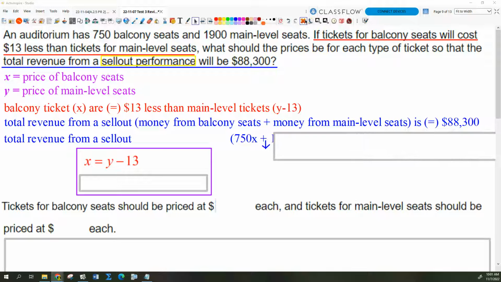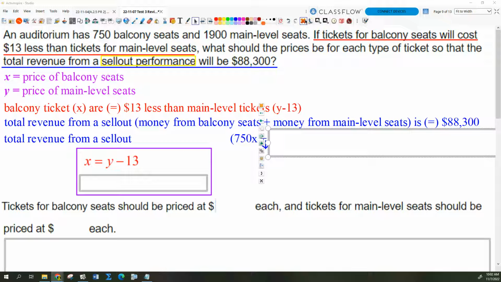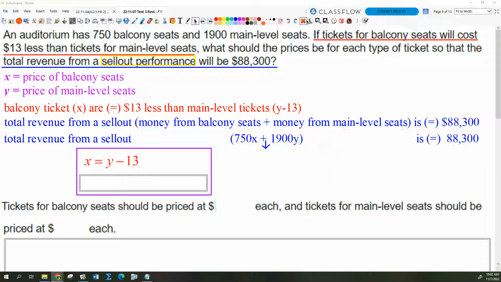And I guess I gave away, well, what's going to be the money from the main level seats if there's 1,900 seats, Y dollars a piece? 1,900Y, and that's going to equal 88,300, right? Everybody see that? Okay, so that's my second equation right there. Now I've got 2 equations, 2 unknowns.